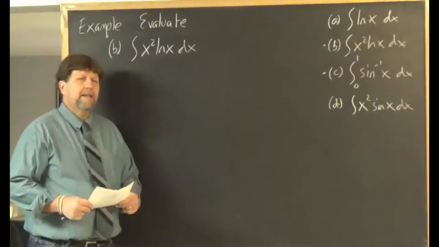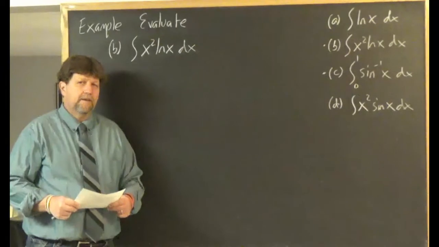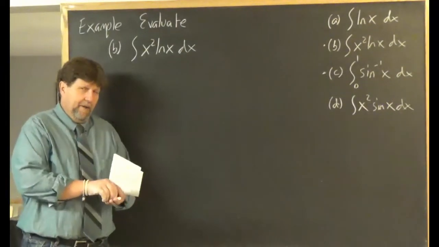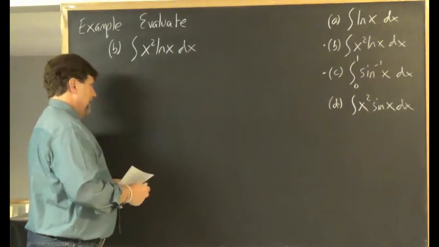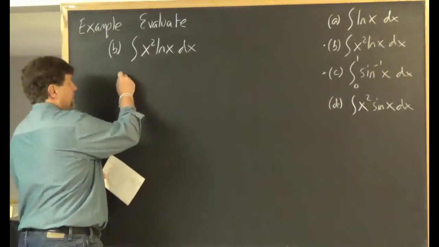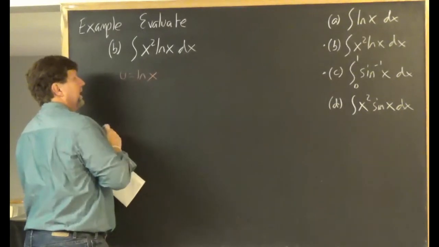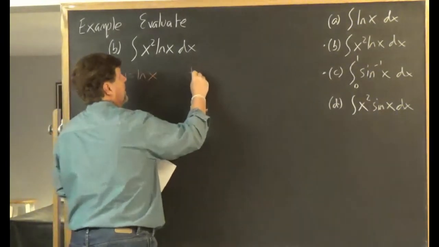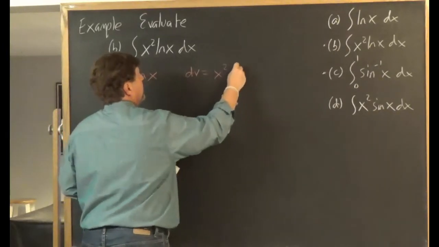Alright, so here we're asked to integrate x squared natural log x dx. And I'm thinking of my guidelines. When I think of my guidelines, I'm going to let u equal natural log x and dv equal x squared dx.